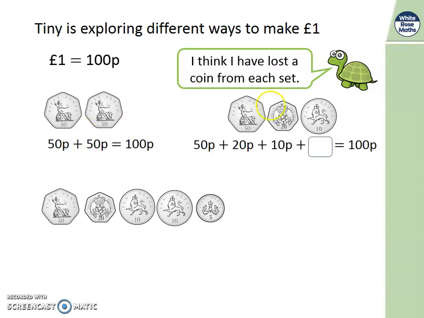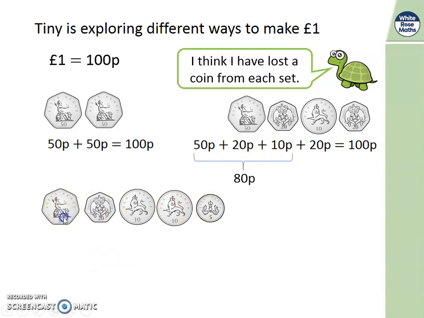Let's have a look at the next one. He has a 50 pence, add a 20 pence, that makes 70 pence. Add 10 pence more, makes 80 pence. We did that on the last question. What did we add to 80 pence to get to 100 pence or £1? We should have 20 pence, so we draw that in.